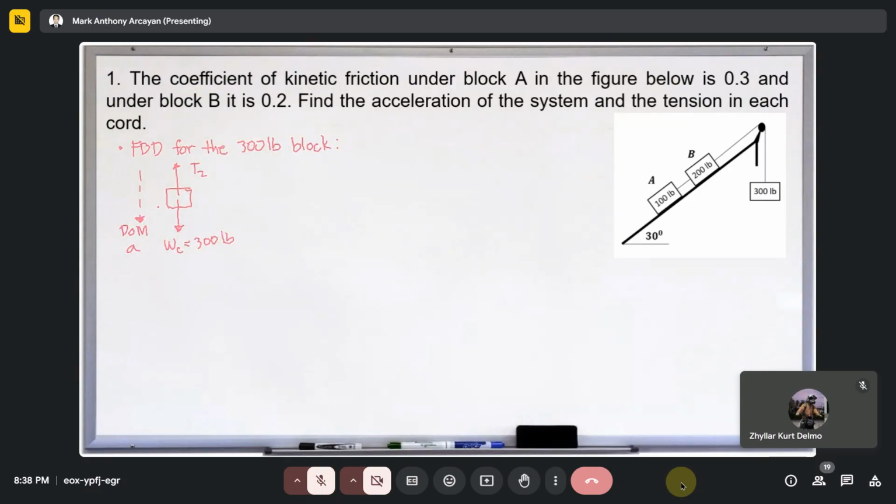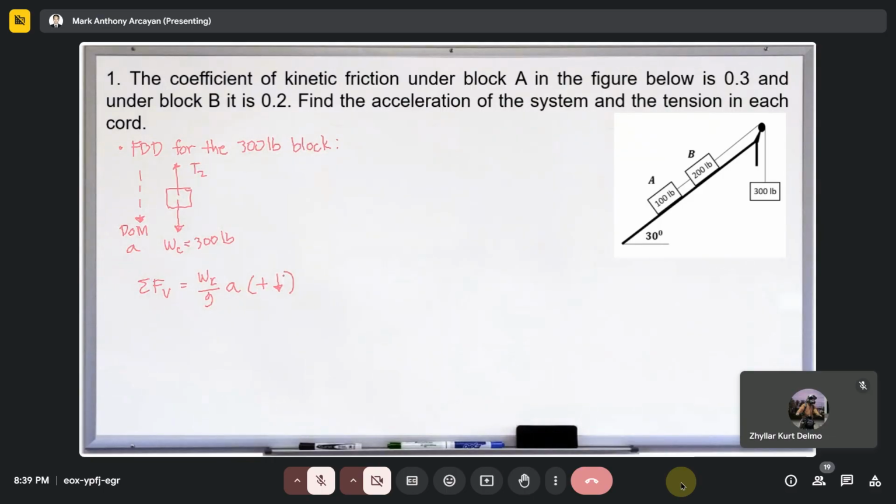For the 300-pound block, it's easy to construct its FBD because there are only two external forces. Therefore, we can just proceed to the summation of forces along vertical, equal to mass times the acceleration. We put a sign convention that we consider positive if it is oriented downwards, which is the same as the direction of motion.